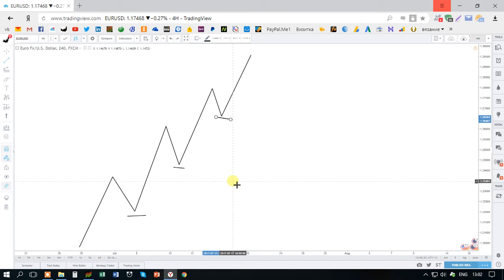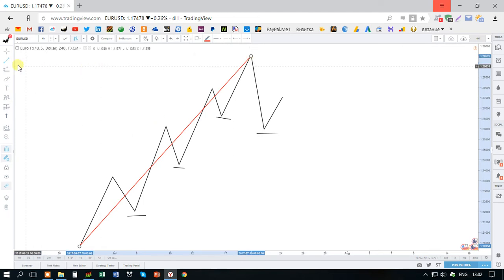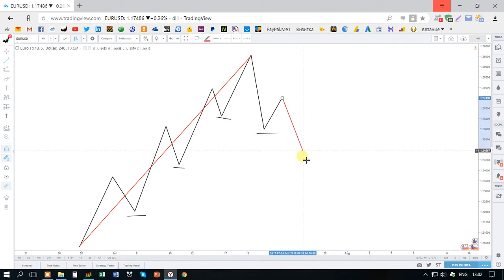And what is actually the sign of reversal? The sign of reversal is the price action that breaks the series. Instead of a higher low, we have a lower low. Just compare them. This one is lower than that. So this means that the previous uptrend, let me mark it with this red line, has stopped. It doesn't automatically mean that you have started a downtrend like this, because you need the minimum requirement.